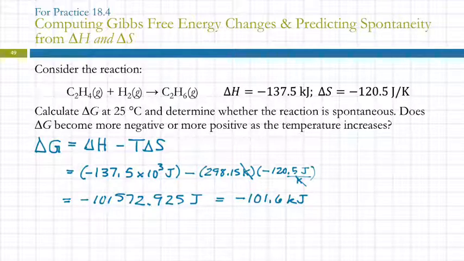And we'll get to some point where this stops being spontaneous, when delta G becomes 0 and starts to become positive. Any questions?